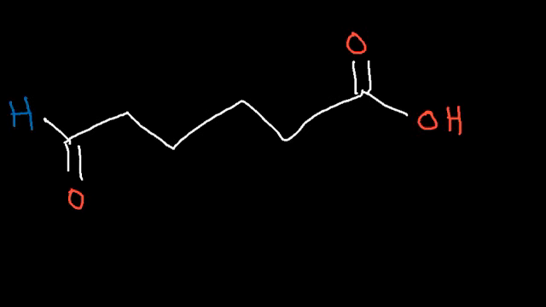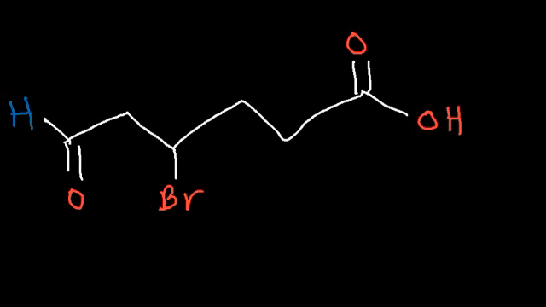So now what about this example? This time we have a carboxylic acid and an aldehyde. Both groups exist at the end. Which one has higher priority?